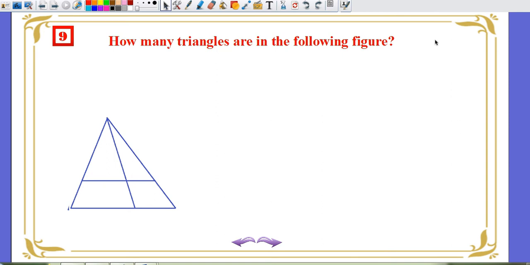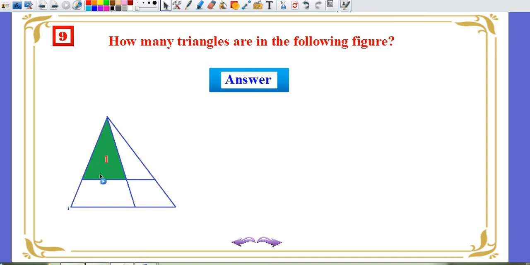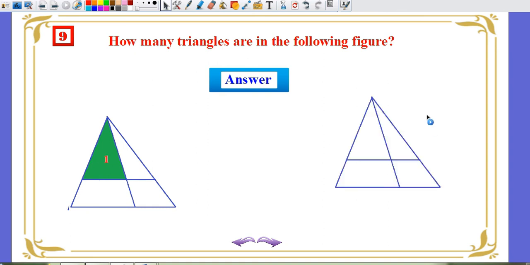How many triangles are in the following figure? Now we begin to count the number of triangles in the picture and answer the question. This is the first triangle.